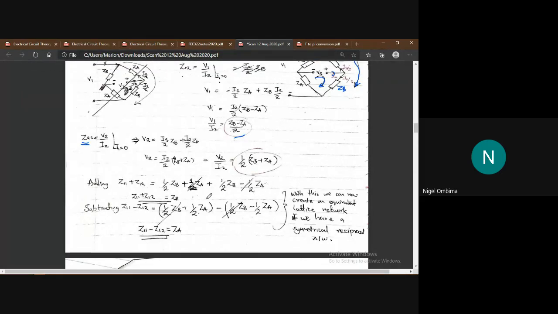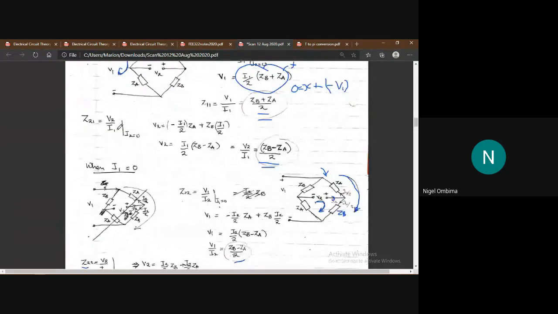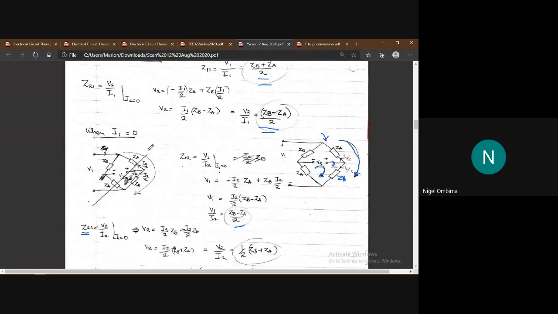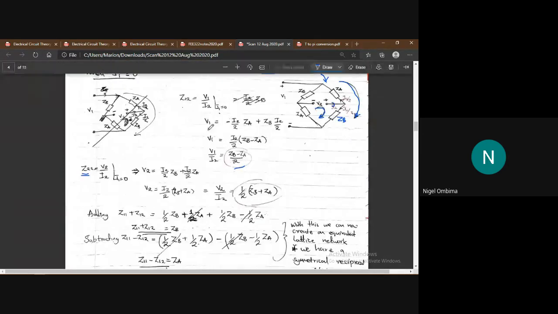So to get the equations, we're supposed to look for ZA and ZB separately now, because they're included in this Z11, Z21, and Z22, Z12, sorry.